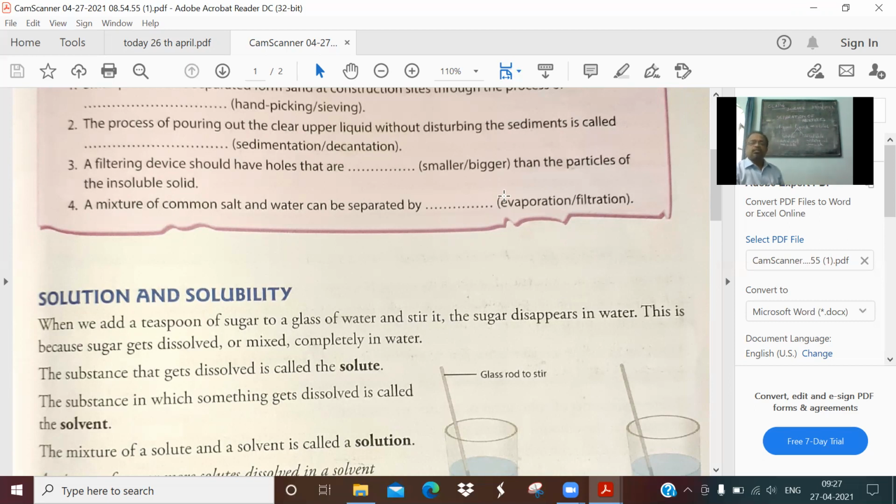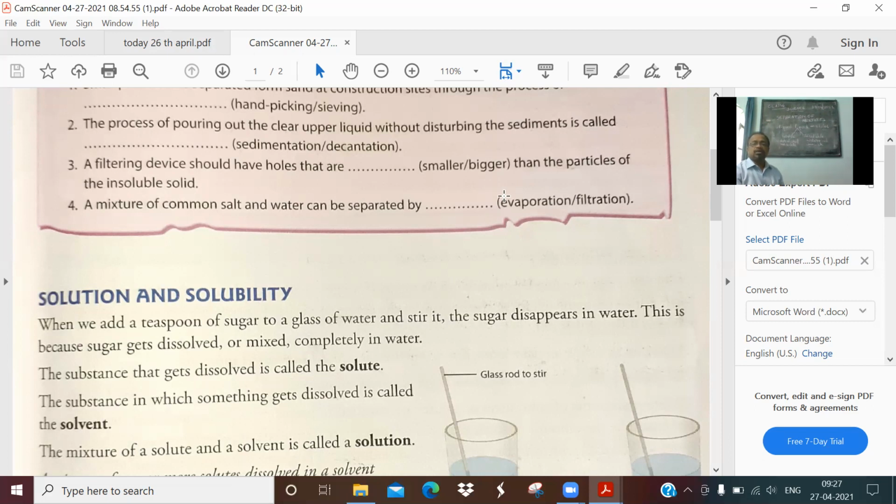Now, solubility means, suppose you take a glass full of water, add some sugar into it, carry on doing. You see that after a limit, water will not allow the sugar to dissolve in it. There is a limit for the space. For example, you take a classroom, you start filling the students in it.